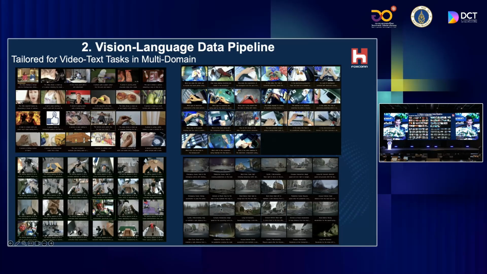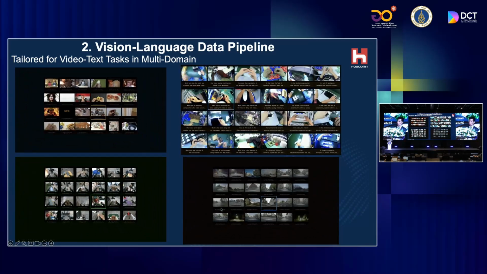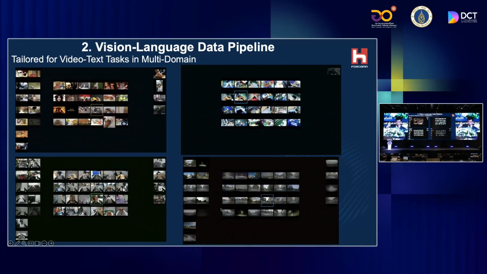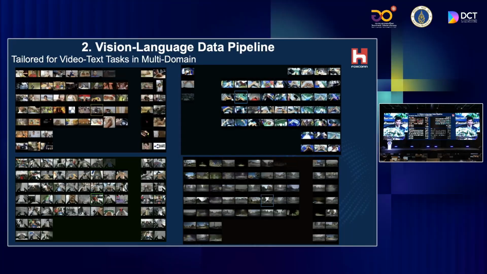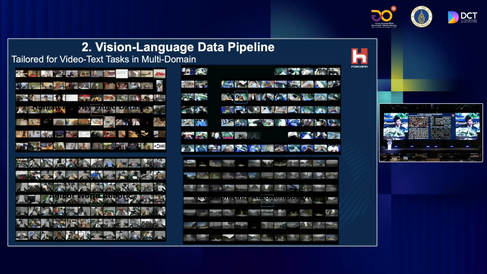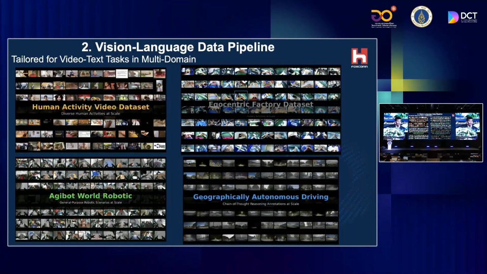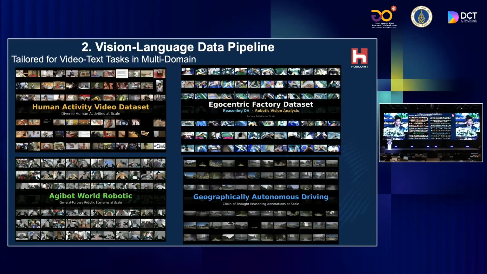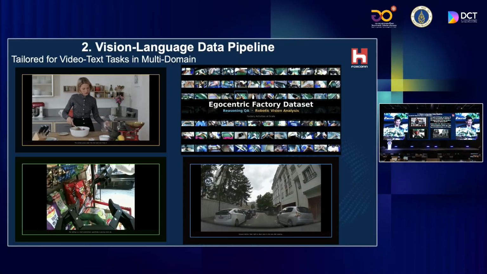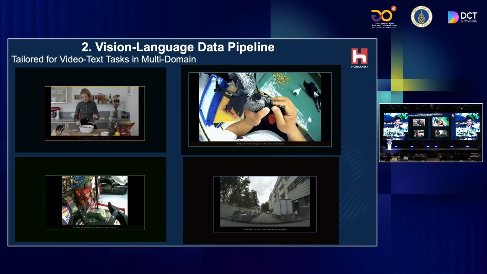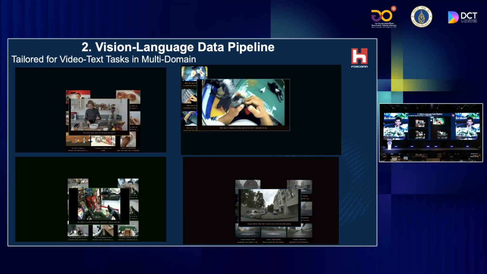So these are all the domains that we want and we focus on. So we have to append a lot of these videos and do processing and build our training corpus at scale, right? We have to build by ourselves, otherwise sometimes you can't find data that suits your application right away. Then you have to customize and build it by yourself.